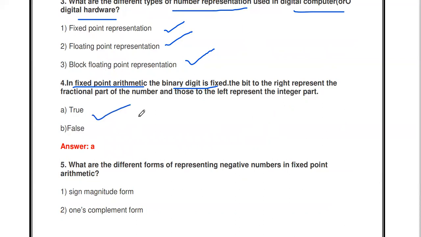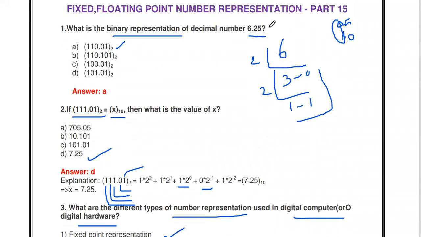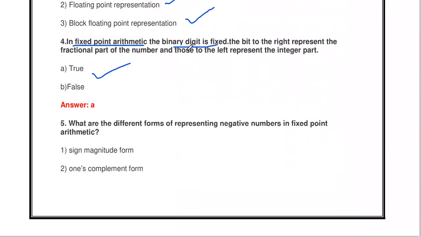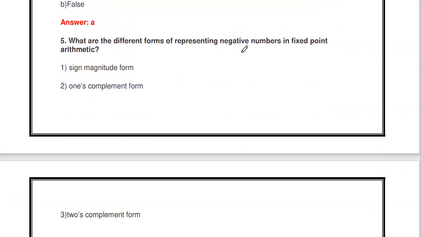It's true. Then the next question: what are the different forms of representing negative numbers in fixed point arithmetic?